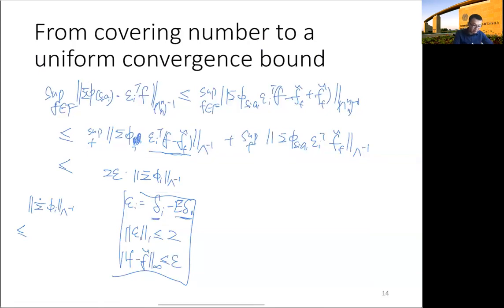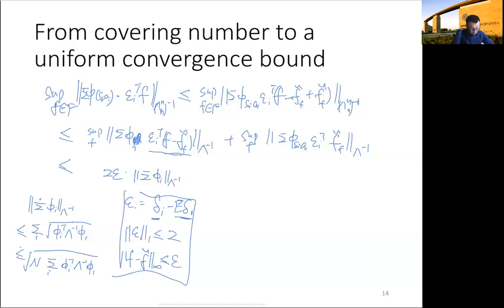We can apply the triangular inequality by just extracting out the summation. Then this becomes the square root of phi i transpose lambda inverse phi i. And then we can apply the Cauchy-Schwarz inequality, so it becomes smaller than n times the summation of phi i.